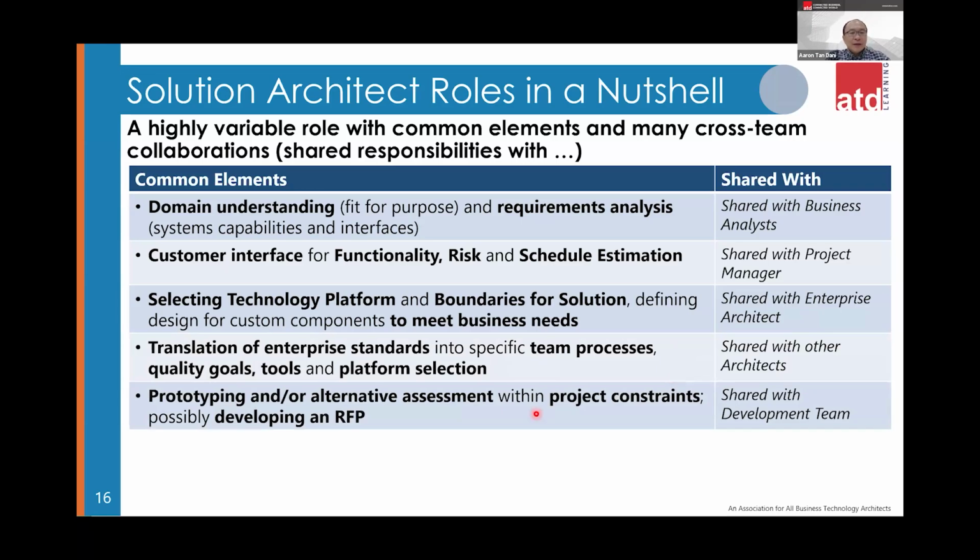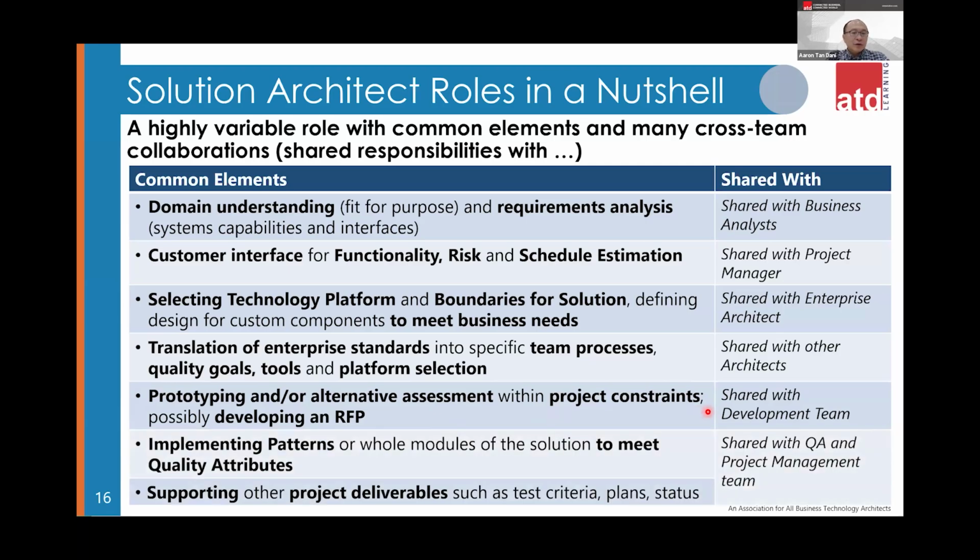Then when you do prototyping and alternative assessment within project constraints, for instance when developing an RFP, the solution architect works closely with the development team, and could be with procurement, etc. When implementing patterns and supporting project deliverables, architects work closely with the QA team and the project management team. So there are many roles and intersections where the solution architect cannot work alone, but collaborates with other project teams or other roles within the organization.